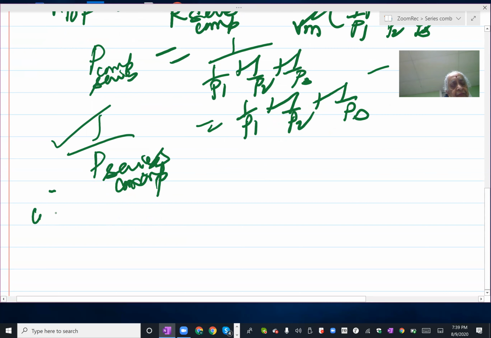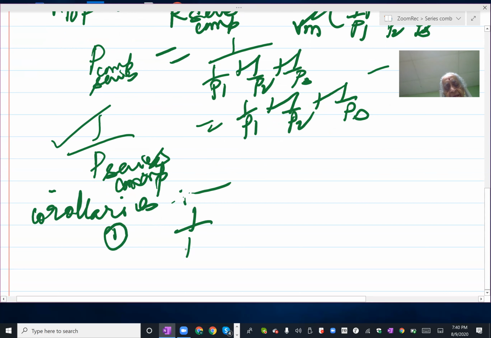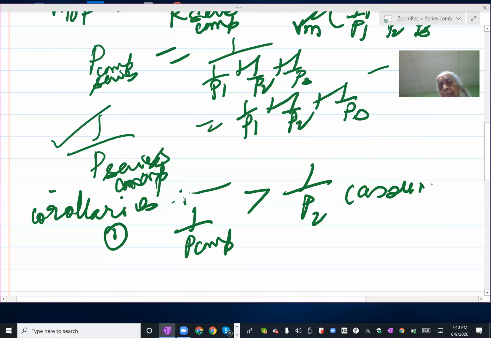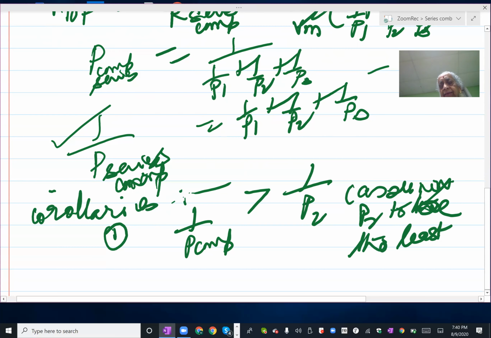Now there are a few corollaries to follow. Corollary number one: 1 by P of the series combination is greater than 1 by P2, assuming P2 to be the least of the marked powers.